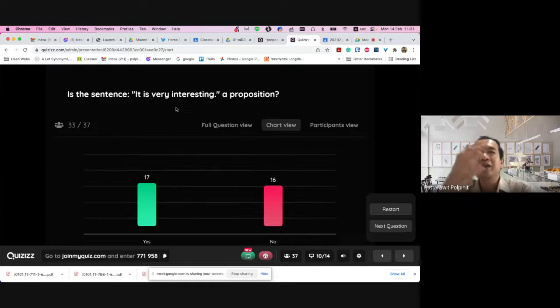If you think of the content, when you say "it is very interesting," you're saying something in that person's mind. When you listen to something like that, it could mean "COVID is very interesting" or "this book is interesting."